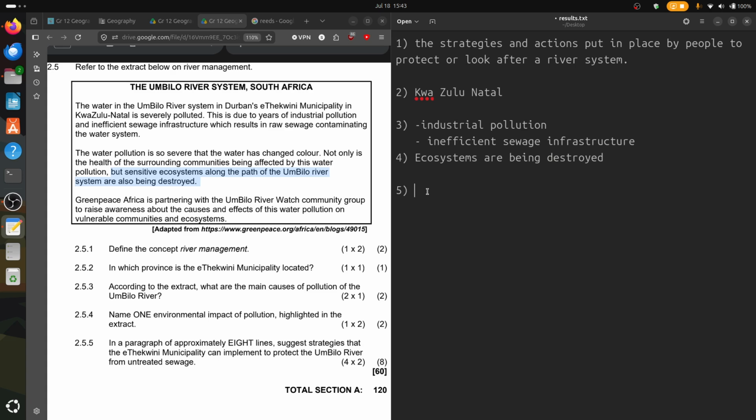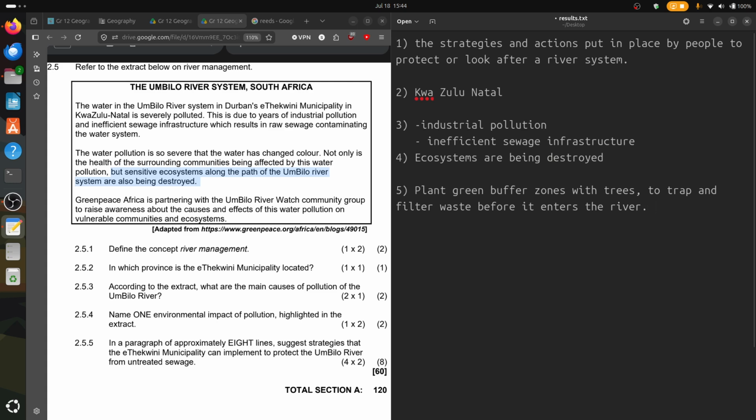Now, number one, you can use buffer zones, right? You can plant green buffer zones with trees. Remember, a buffer zone can also be made with trees, right? And those trees will be used to trap and filter waste before it enters the river. That's point number one.